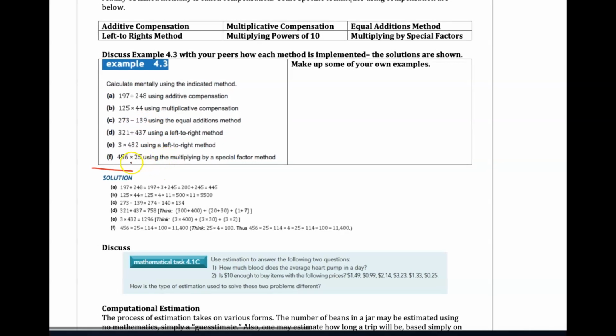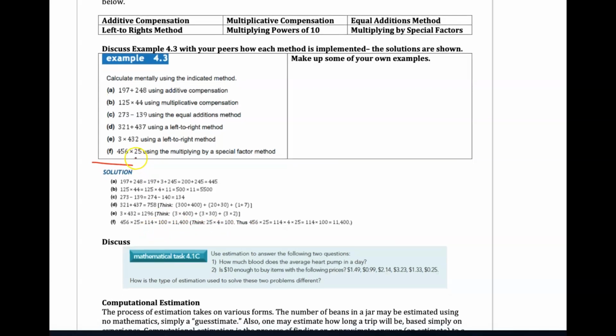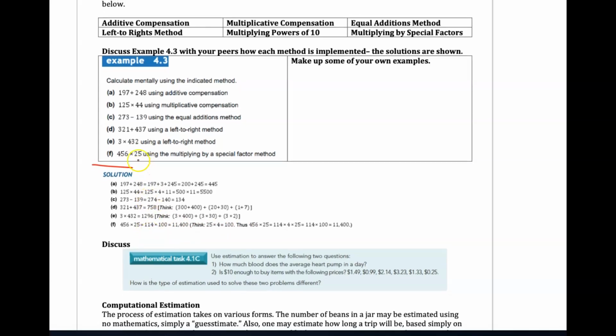And again, these are ways that, like example F, 456 times 25. This one's an interesting one here because what's happening is what we're going to end up learning is the way this one is solved, 456 times 25 is solved by 456 times 100 and then divided by 4.